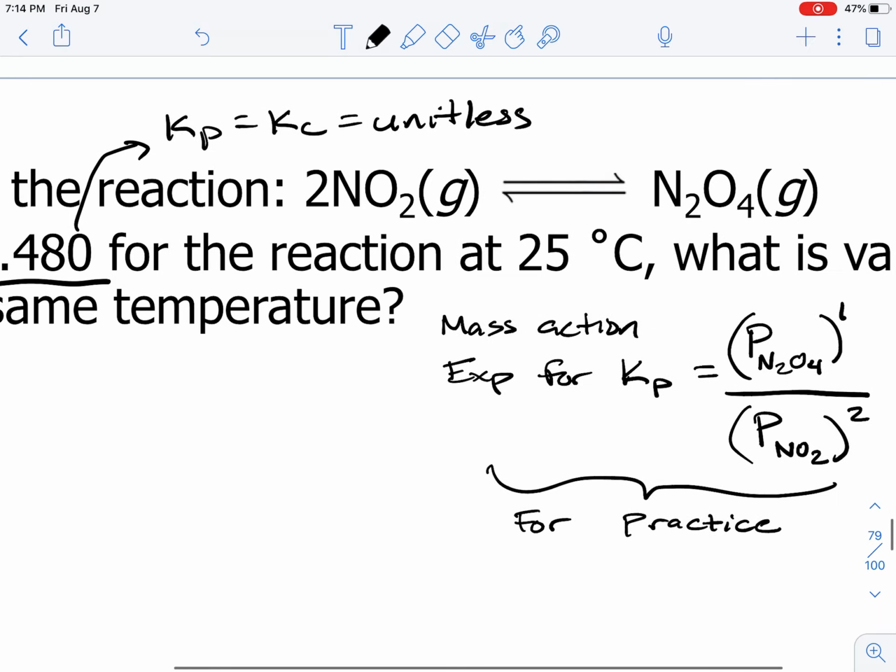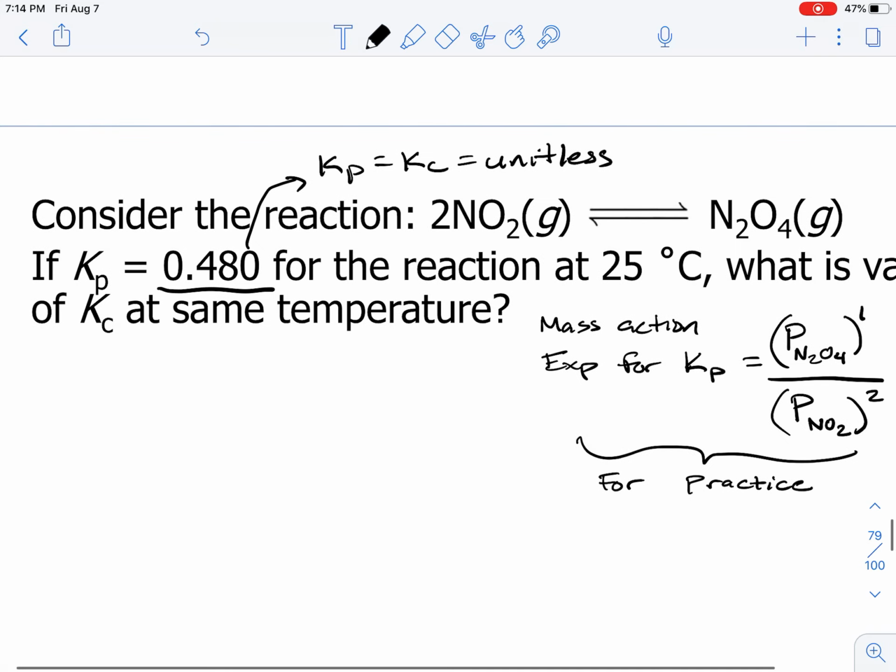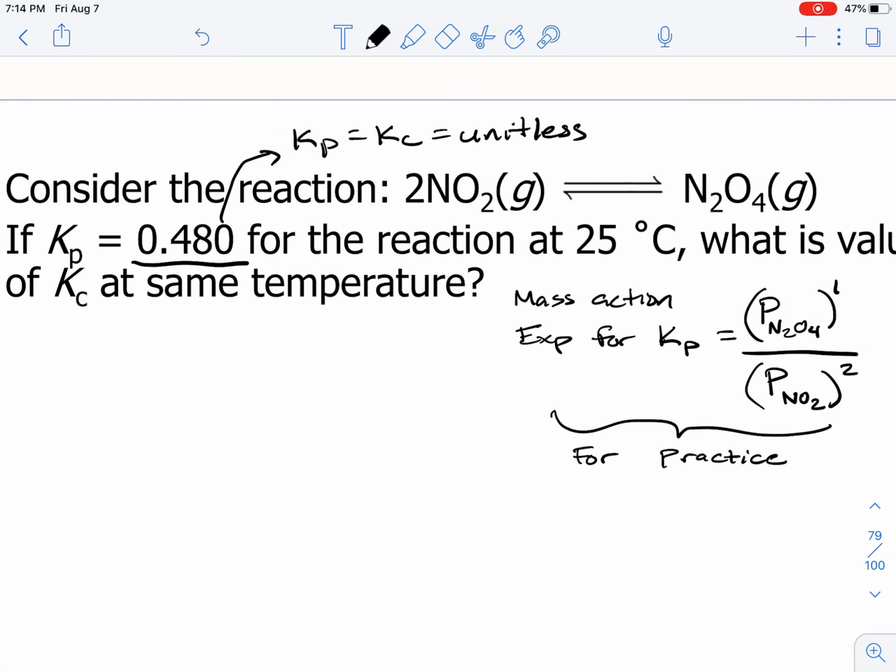All right, so now that we got those two points out of the way, let's go ahead and actually work on this problem.